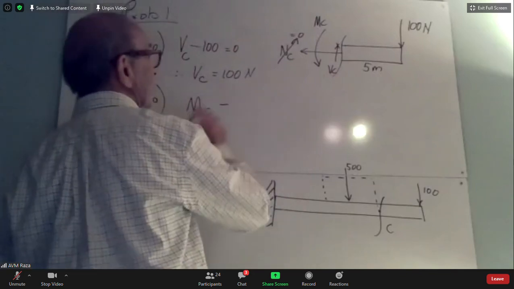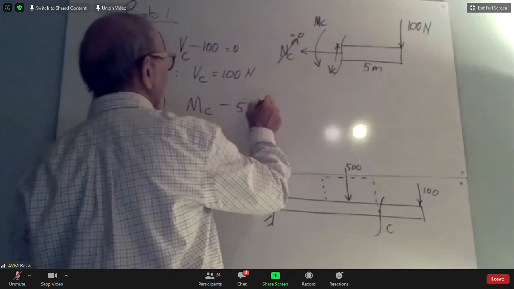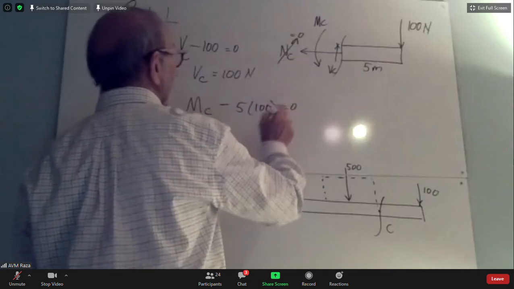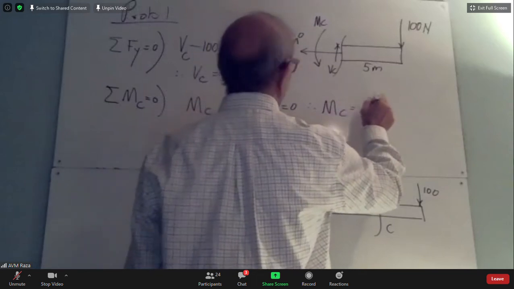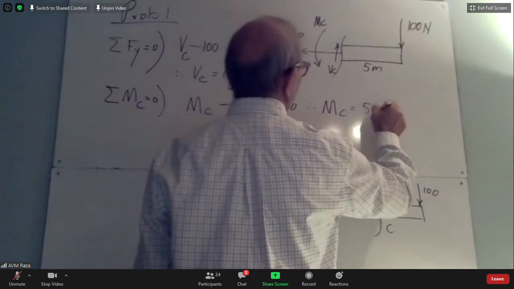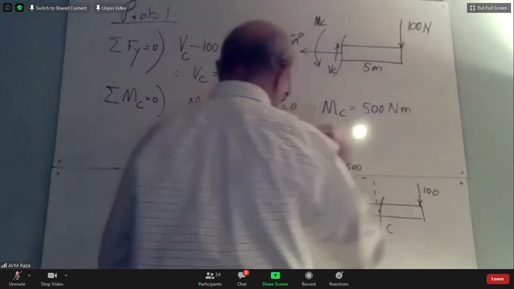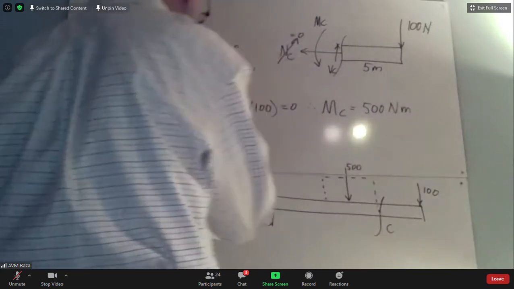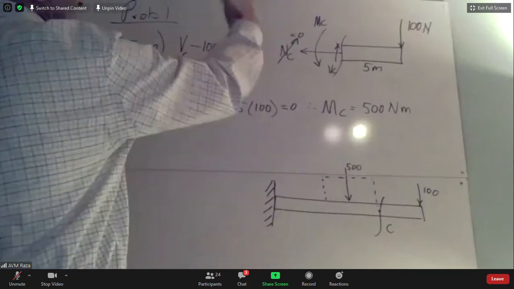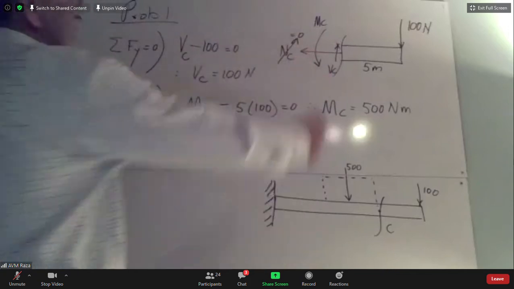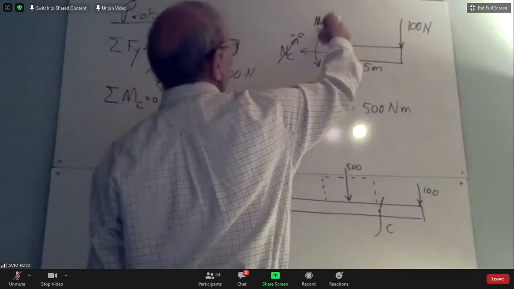So I'll say minus 5 times 100 equal to 0. Therefore, MC is equal to 500 Newton meters. As shown, it came out positive, so it is going to be counterclockwise as shown there.